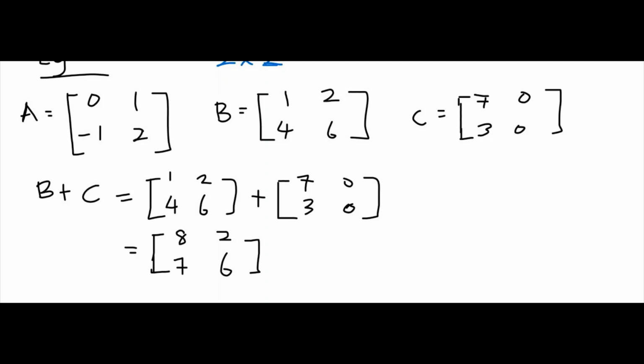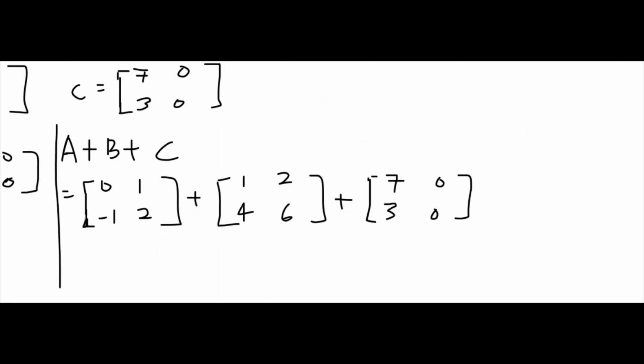So what if I want to do the other one? And there you go, you have the answer to the addition of matrix A, B, and C. So you can try for yourself doing addition and subtraction for different matrices, different sizes.